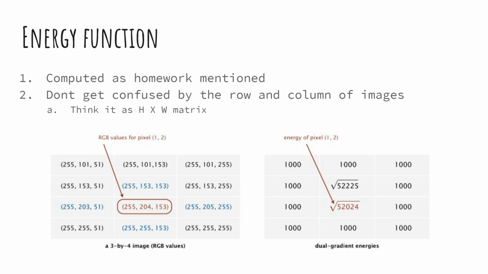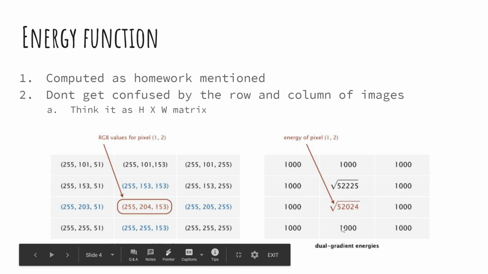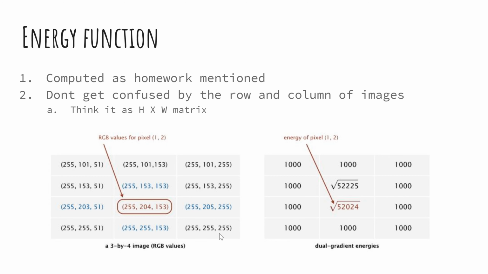As I mentioned before, the energy function is just the value of the importance of a pixel. We have the energy function over here. By the way, this is a 3x4 image, and it uses the method mentioned on the homework page, just a math formula, and we should be able to compute that.